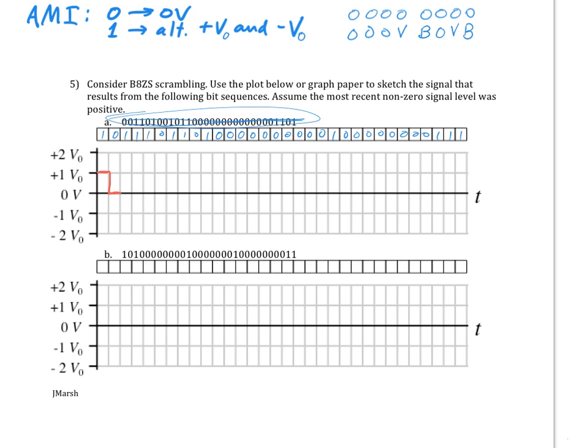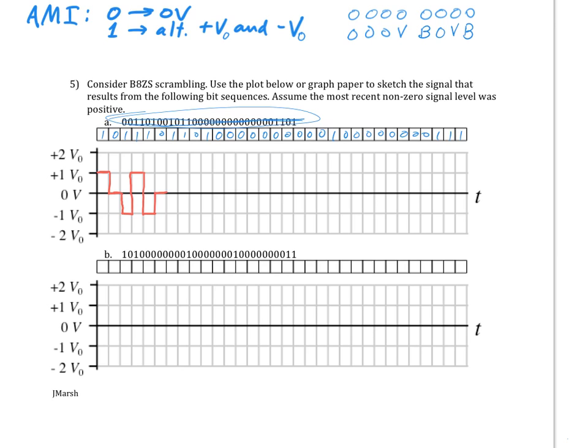Then the next 1 gives us a normal bipolar transition, meaning that we're alternating between positive and negative. So the last non-zero was positive, so I go negative here. And now I get another 1, and this is another bipolar transition. And finally a third one and a third bipolar transition. So every time we get a 1, we alternate between plus and minus V. Zeros go back to 0 volts.